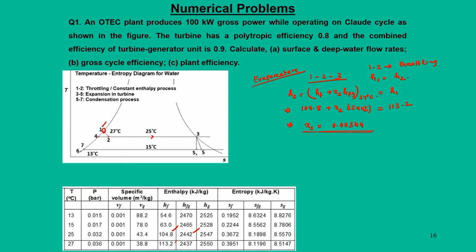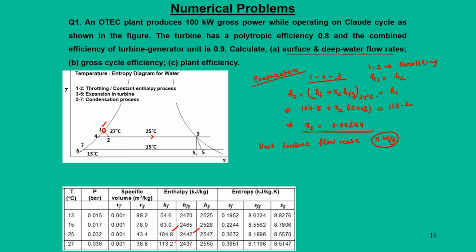So, at this point you take the vapor out towards 3 and bring the discharge water towards 4. Then another point that was asked is the surface and deep water flow rate. For the time being we will assume a unit turbine flow rate, let us say 1 kg per second.